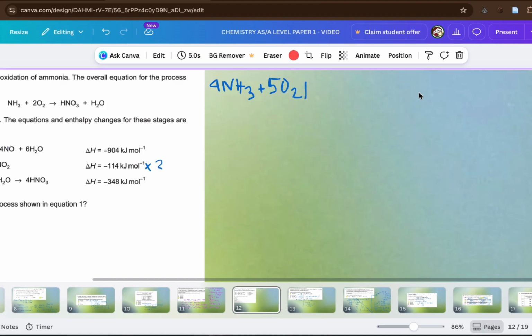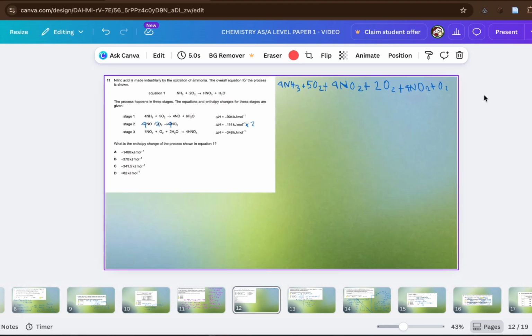And 2 plus 2 plus 4 because it's multiplied by 2. Plus oxygen plus 4NO2 plus oxygen plus 2H2O.